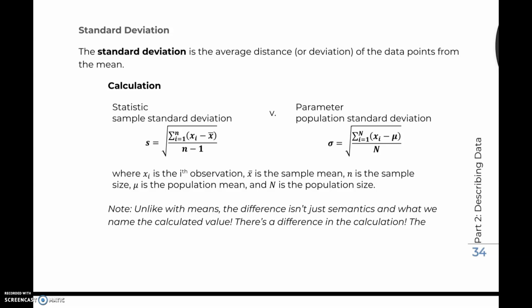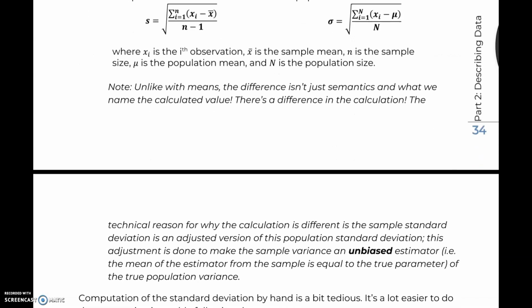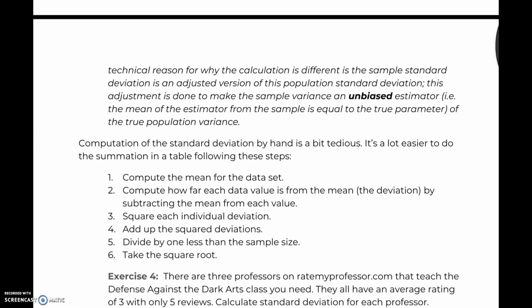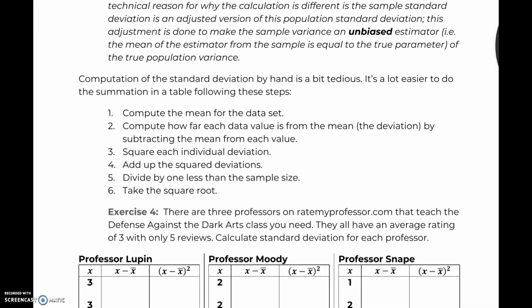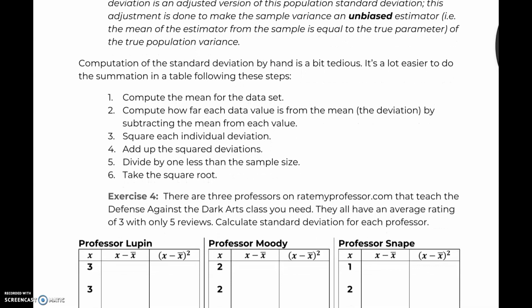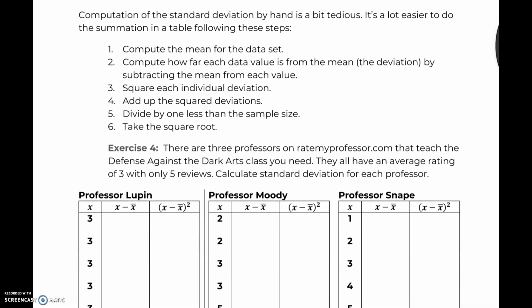So we're going to look at an example next over here. And here are our steps. So again, dividing by n minus 1 just makes it a better estimator of the population parameter.